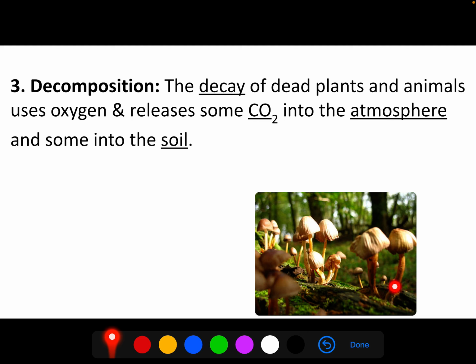They're connected down here through this plant to the soil. So they actually release some of the CO2 into the soil as well. Some goes up into the atmosphere, some goes down into the soil. So it's actually releasing CO2 into 2 different places. So that's decomposition, the breaking down of dead plants and animals.